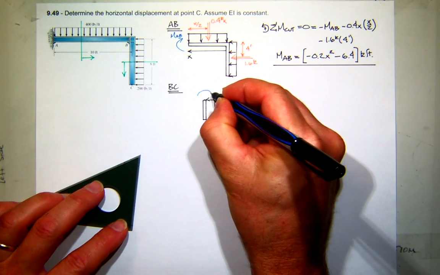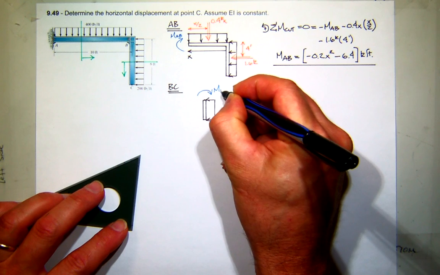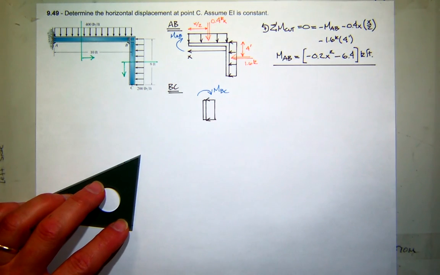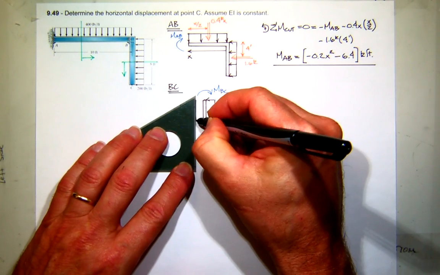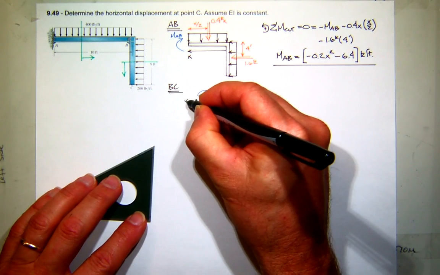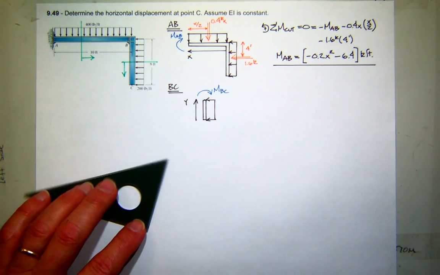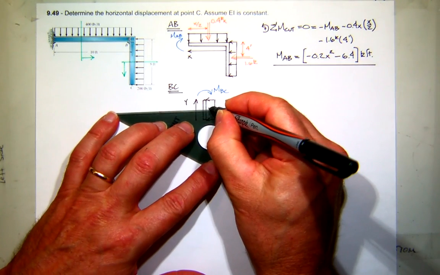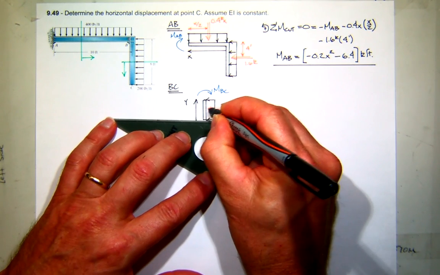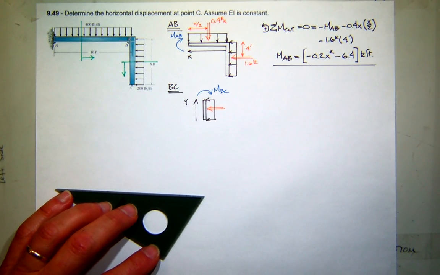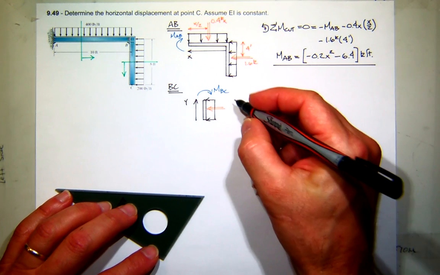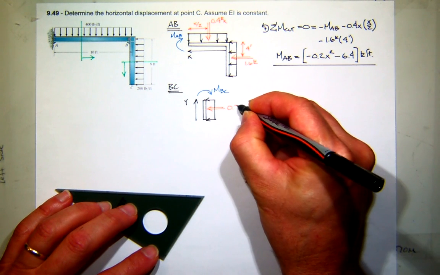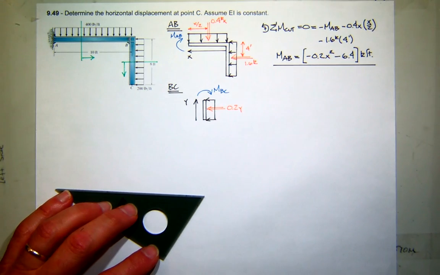Internally, I have my moment at BC, and I think I'm going to measure that from the bottom up and call that Y. So what's my concentrated equivalent force here? Would be 200 pounds times Y, which that's going to be 0.2 Y, right?